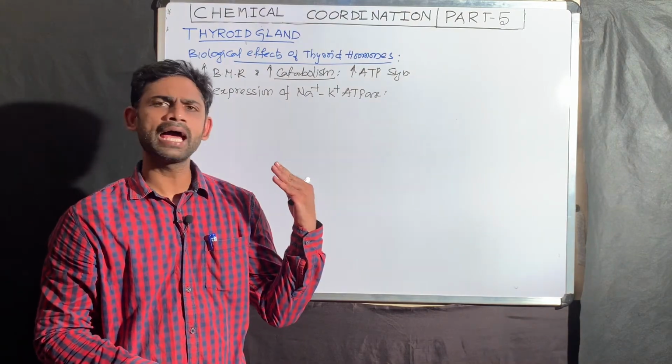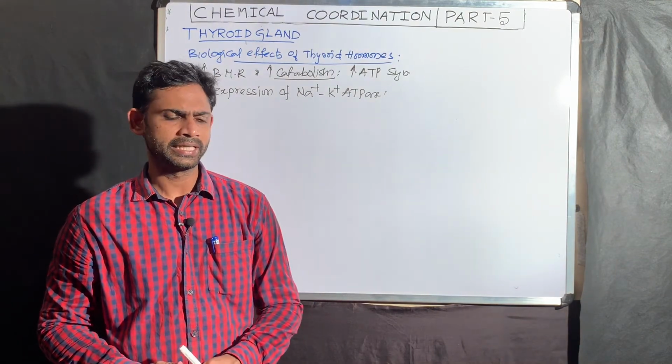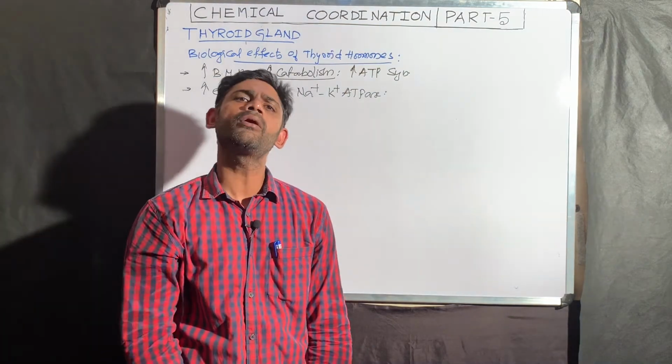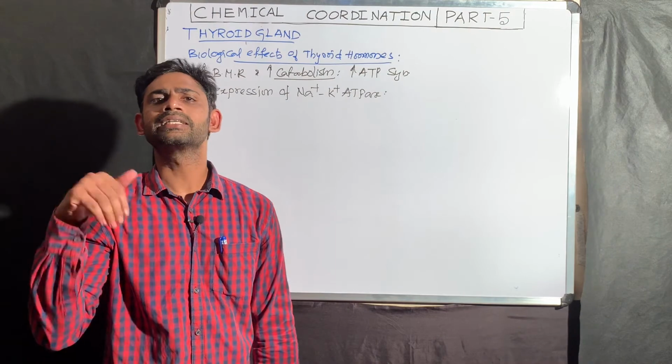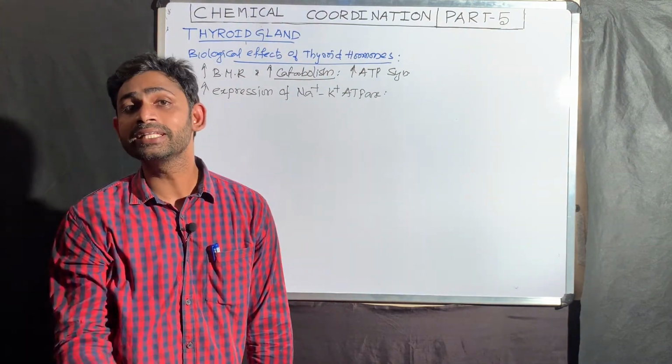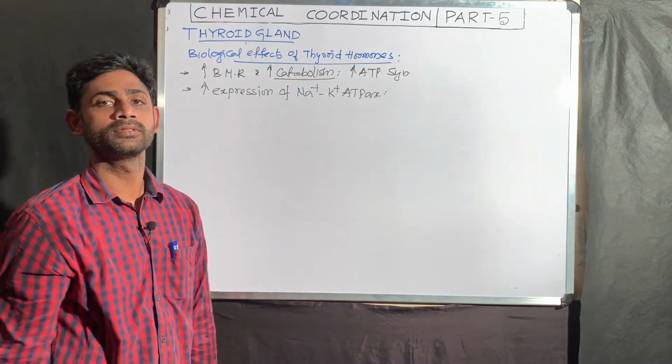Here thyroid hormones increase ATP production and simultaneously increase ATP breakdown. Because of that, some amount of energy is lost, and that energy is released in the form of heat.